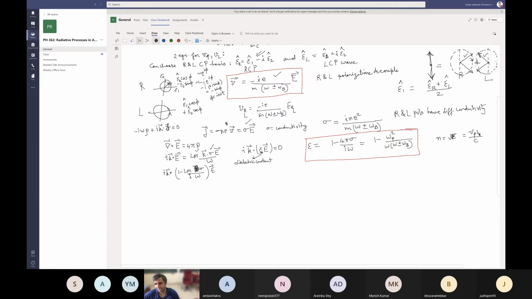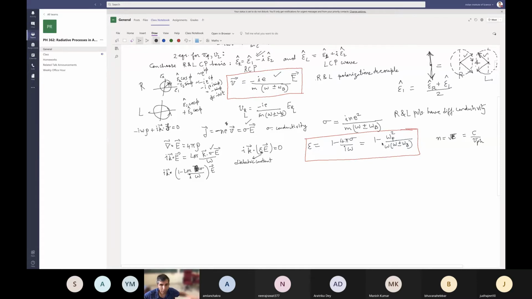So the phase velocity in a magnetized medium for electromagnetic waves is greater than C. Sorry, this is C by V_ph, not this; the right hand side is right. The speed in vacuum divided by speed in a medium is the refractive index. So if epsilon is less than 1, you can have V_ph greater than C, and that's what happens in the magnetized plasma, or even a plasma we considered previously.